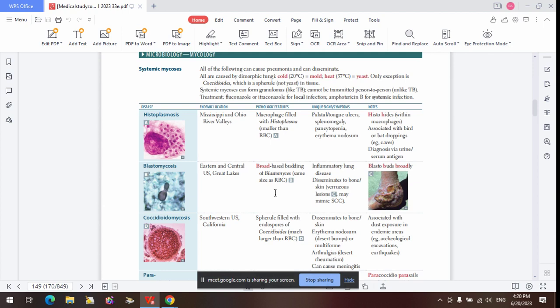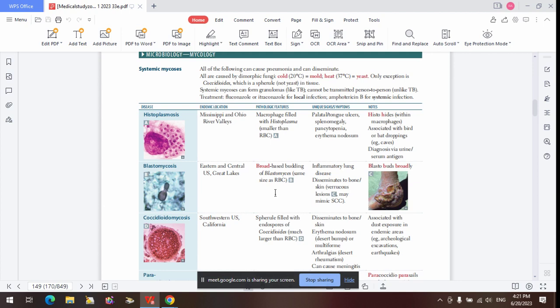The mold form is the one that is filamentous, and you typically have that form outside the host, that is within the environment, maybe the soil, organic matter, any area where they are.